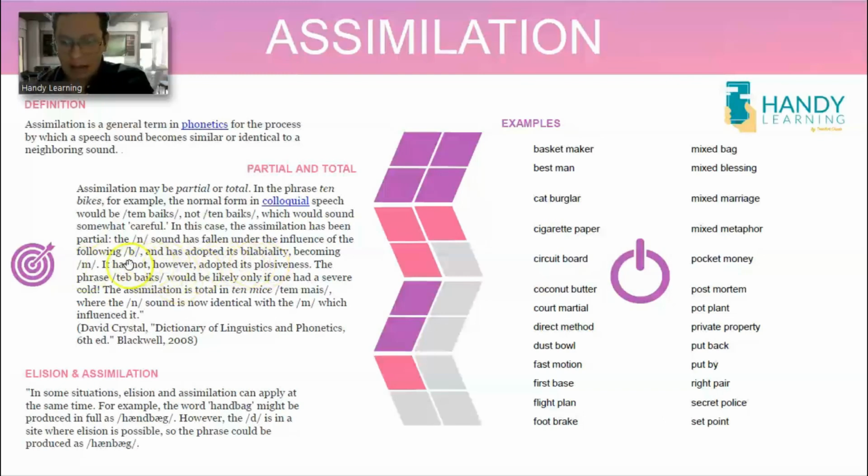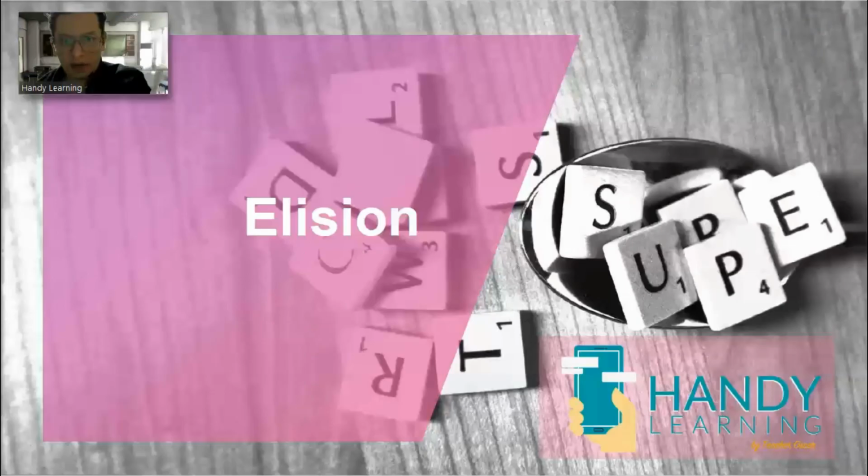And this makes another sound, which is m. Therefore, the b sound for bikes has assimilated the n sound for ten, creating a new sound, making it ten bikes. So that's how it would sound in normal speaking. This is called assimilation. Let's go on to the next one.